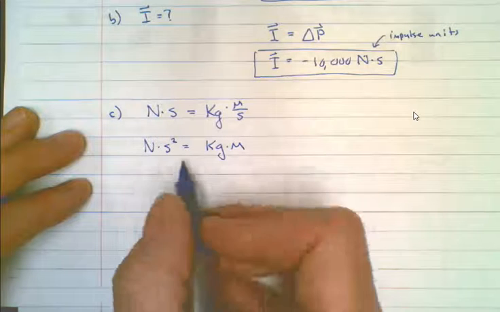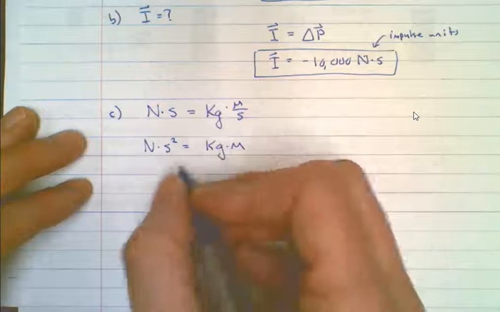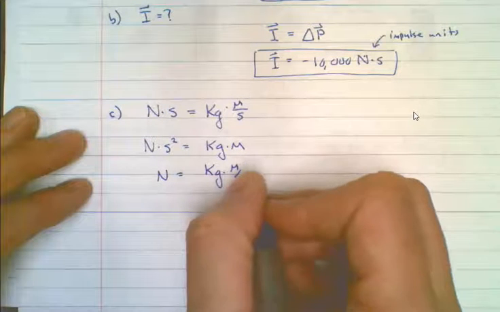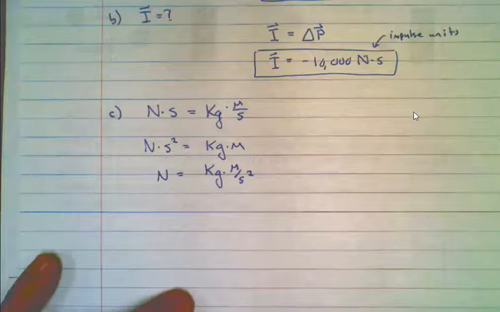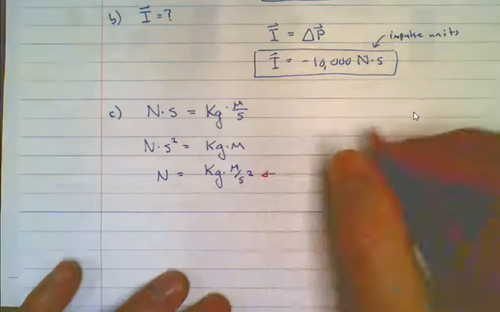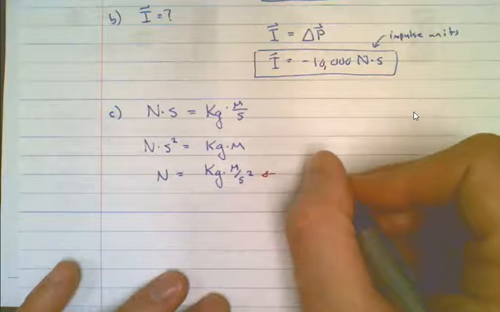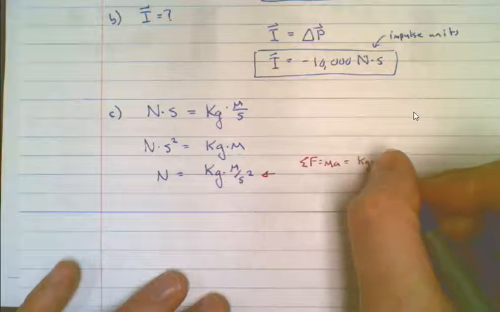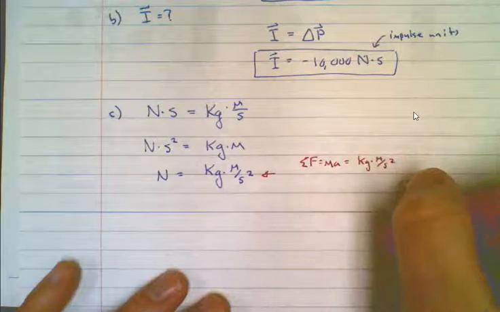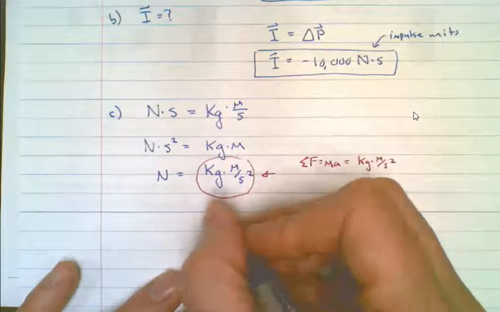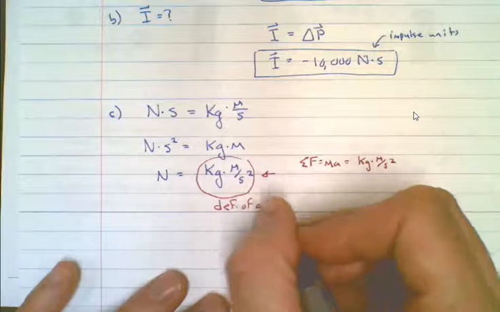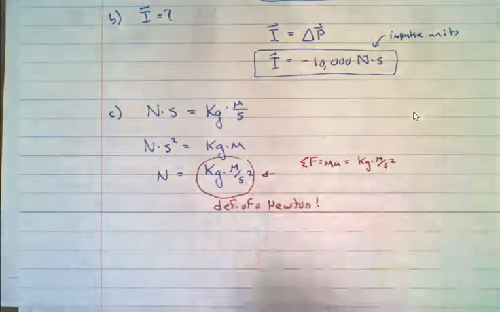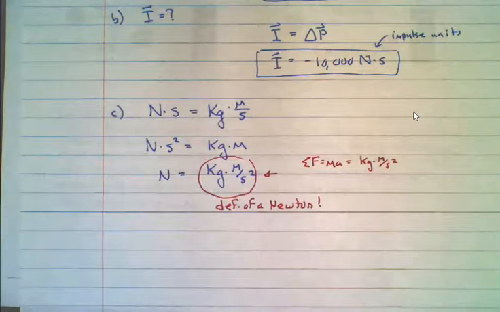Now if I divide by seconds squared, I get kilogram meters per second squared, which, if you recall from grade 11 and from this year, Newton's second law, sigma F equals ma, has units of kilograms meters per second squared. So this is the definition of a Newton. And clearly, 1 Newton equals a kilogram meter per second squared. So that's another link to show you how the units are consistent with one another.